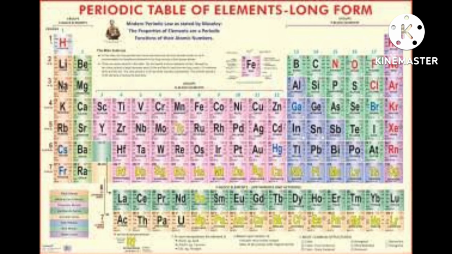In the middle, 58 to 71 is not there, but theoretically on the basis of quantum number it is calculated that it will be 32. Then what happened to these 14? They have been written separately, and this is known as the lanthanide series.